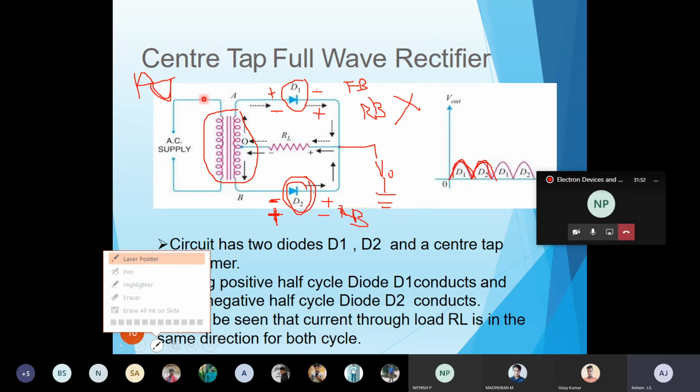First during the positive, A will be higher and B will be negative. The center tap has three voltages: A is plus 12, B is minus 12, and the center is 0. So with the positive input, the anode of D1 is positive and the anode of D2 is negative. At that time D1 will conduct, because the anode having higher polarity makes the conduction. So D1 will conduct.